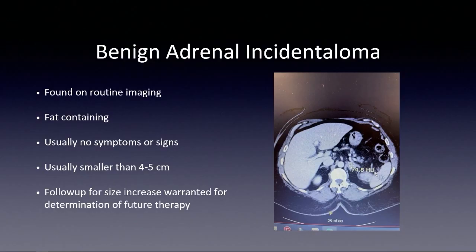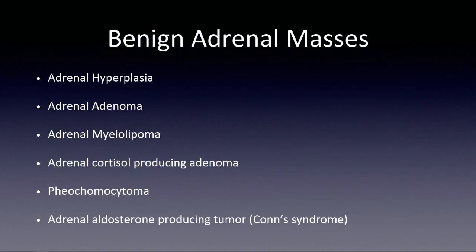They are fat-containing. Most adrenal is a lot of fat, and usually there's no signs or symptoms. So most of these benign adrenal incidentalomas are smaller than 4 to 5 centimeters. Follow-up for size of these patients, if the size increases, is warranted to determine future therapy. We'll go over a lot of that on this.